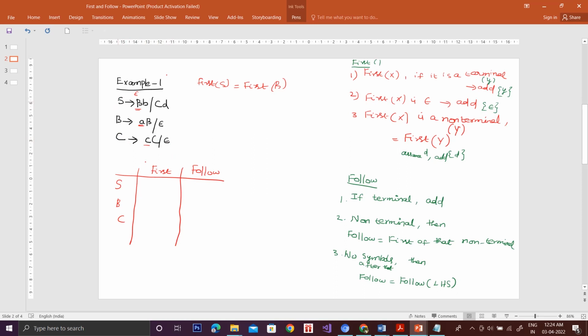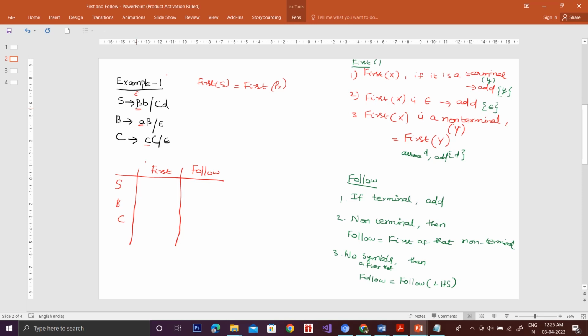So now we are going to find the first for capital S. First of S is capital B, and that is a non-terminal.